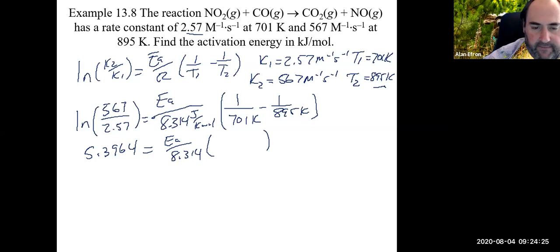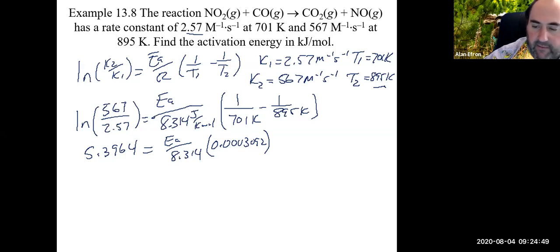And if we clean up what's in our parentheses here, 1 divided by 701 minus 1 divided by 895 gives us 0.000392. At this point, we're going to multiply the 8.314 to the other side. We're also going to divide by that number we just got.